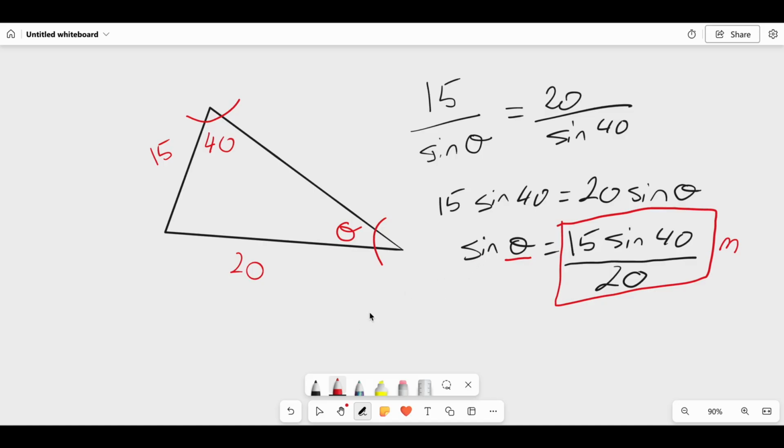The inverse of the sine is sine to the power of minus 1, so that we can have the angle on the other side of the equal sign. And theta, the angle that we're looking for, is going to be equal to sine to the power of minus 1 of what? Of m, which is this number here.